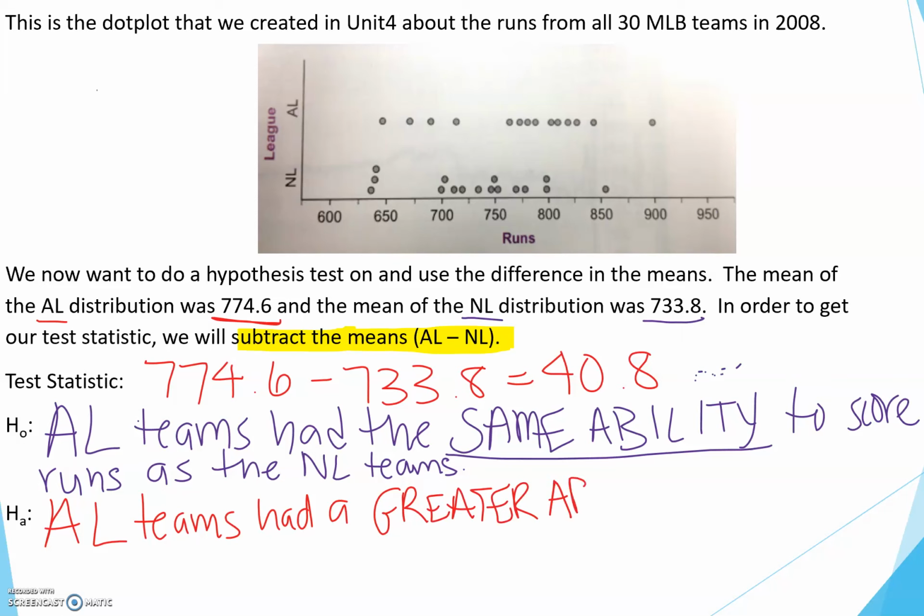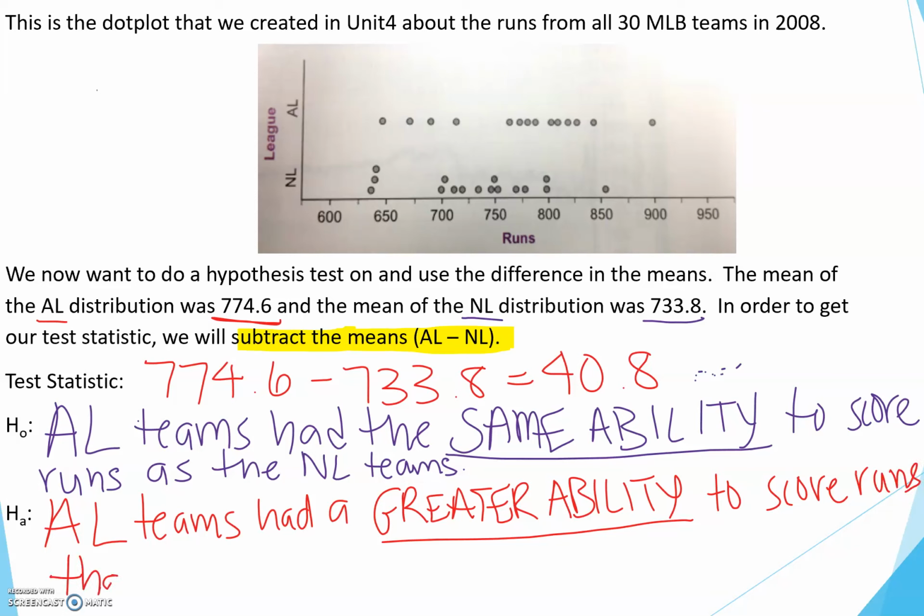Greater ability to score runs than, they had a greater ability than who? The National League teams. All right, so it's all coming back to us now, right?